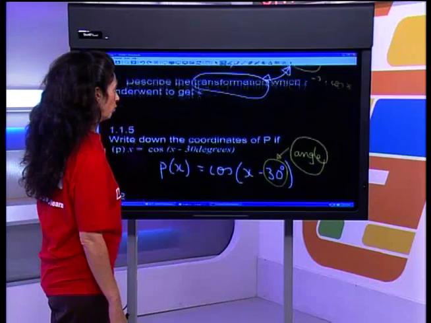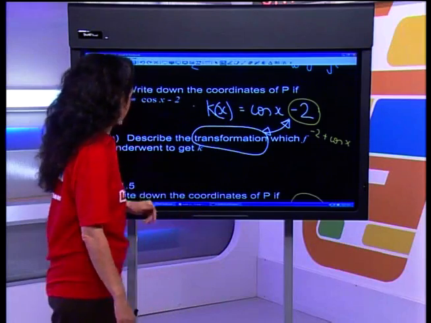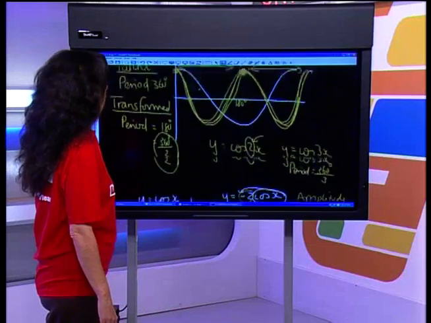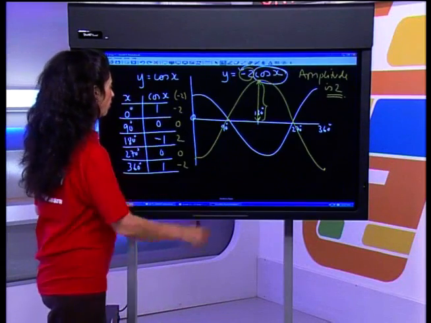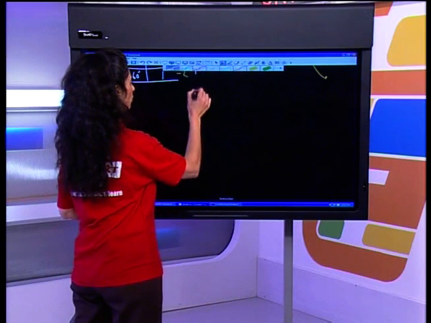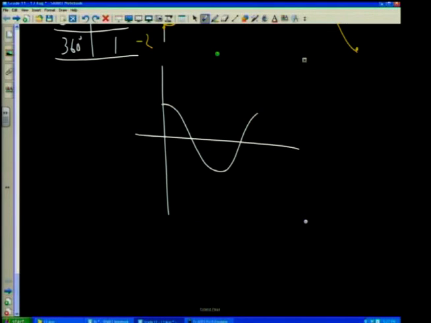Then we were doing the transformation when all these values are going to be lowered by 2. So again, if we had to take our parent graph, there's my parent, 360 degrees, that's 90, that's 180, that's 270, that's 360.